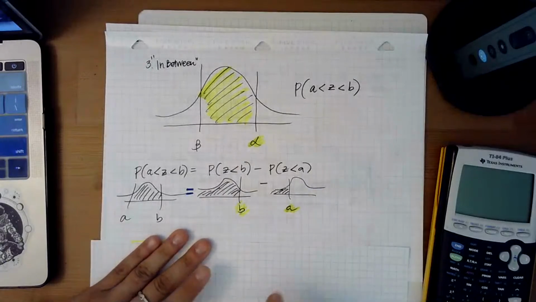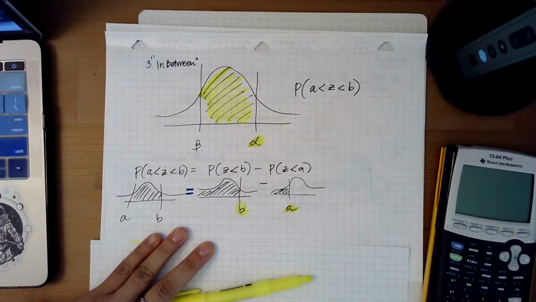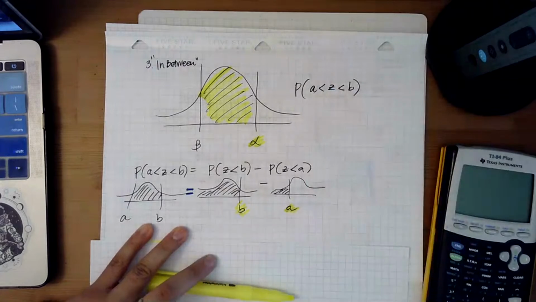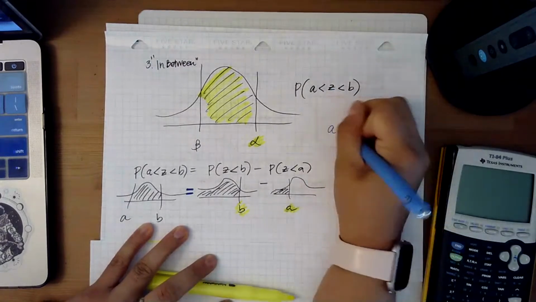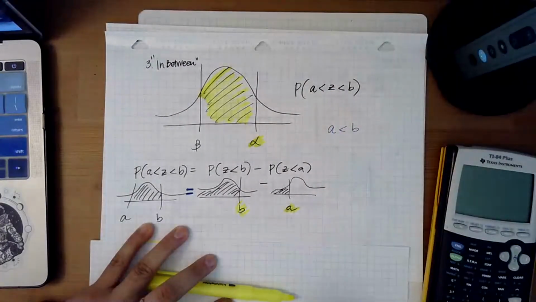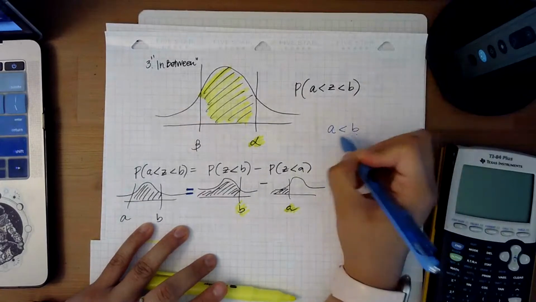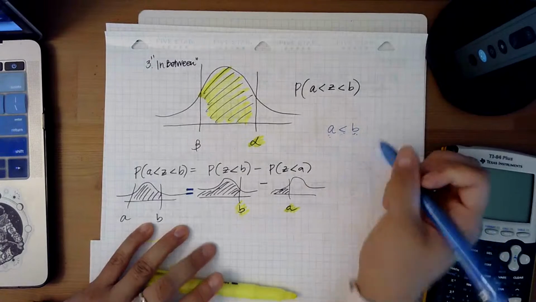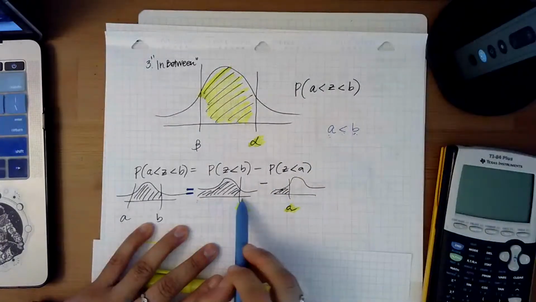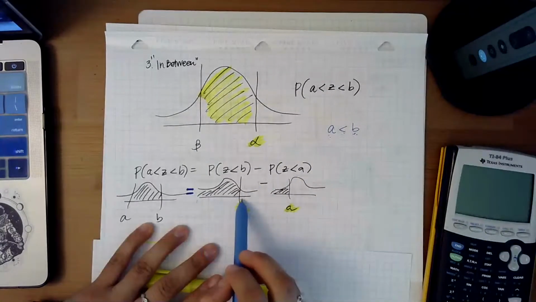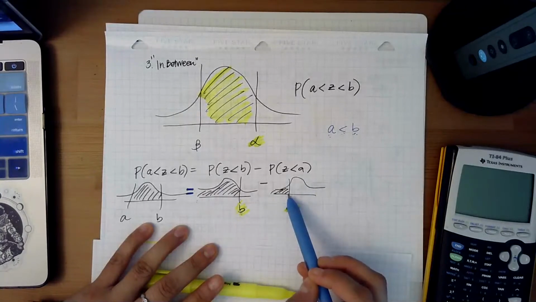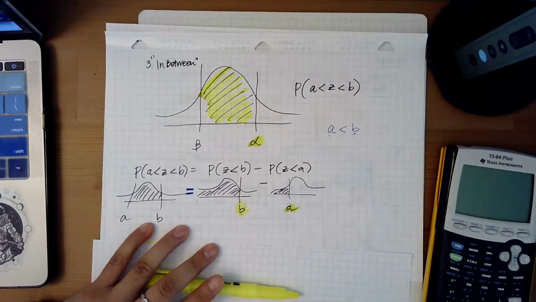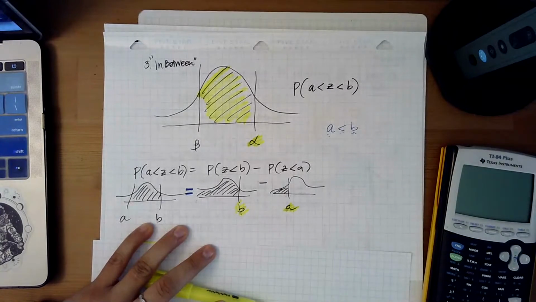So here, you must also notice that A is less than B. B will always be greater than A. So B is the one furthest to the right, and A is the one that's closest to the left. That's the one that has less density there.